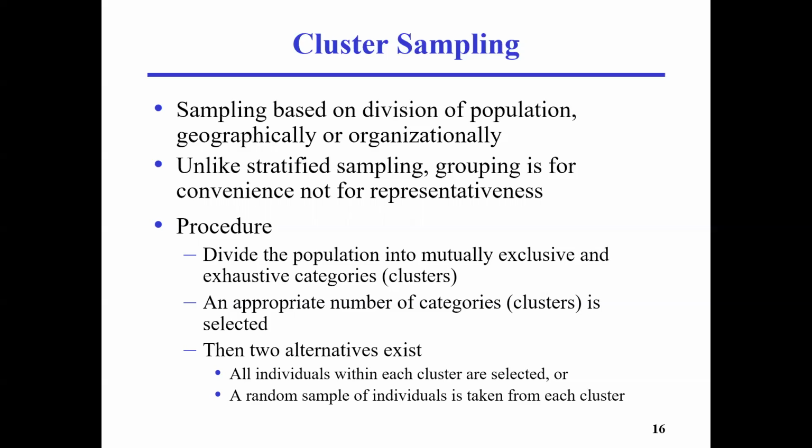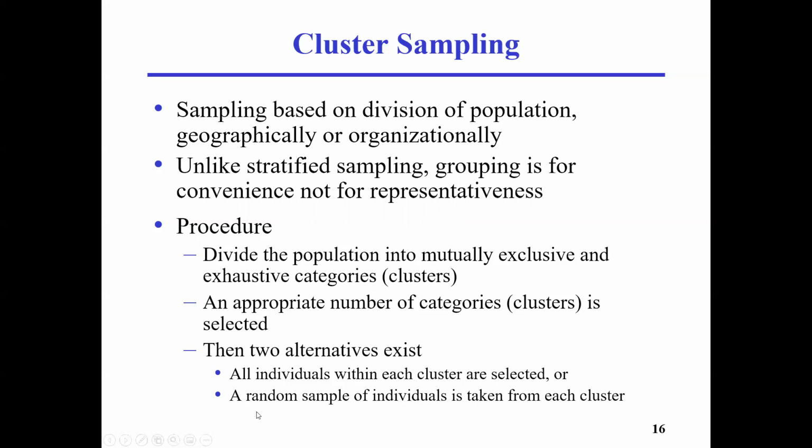An appropriate number of categories or clusters is selected. So we divide the population into clusters, and I will just choose some clusters for sampling. And after that, you can just use all individuals within each selected cluster for your sample. Say, I will just choose clusters A and B, and I have decided that all individuals in these two clusters are picked observations for my study.